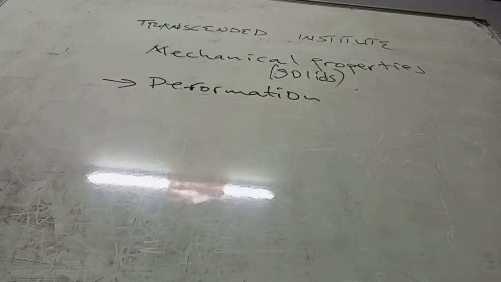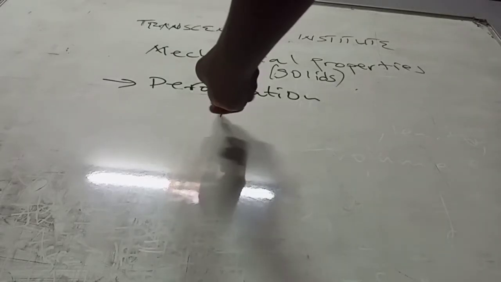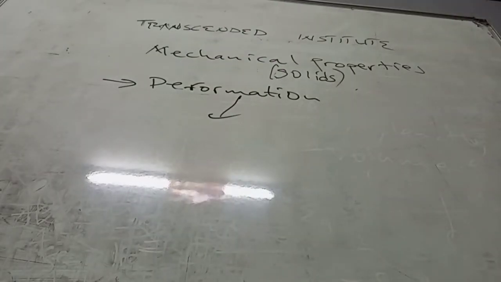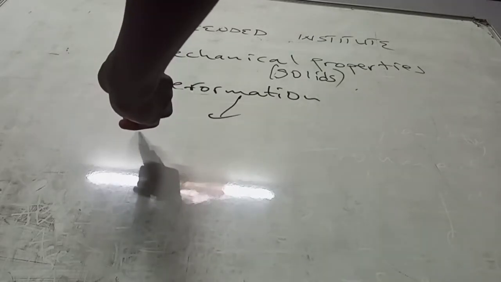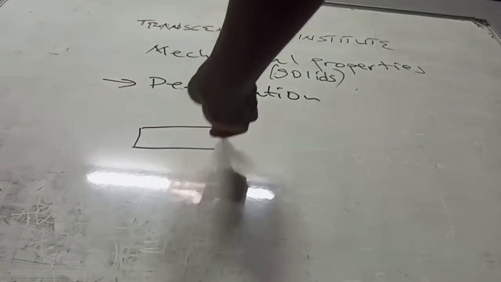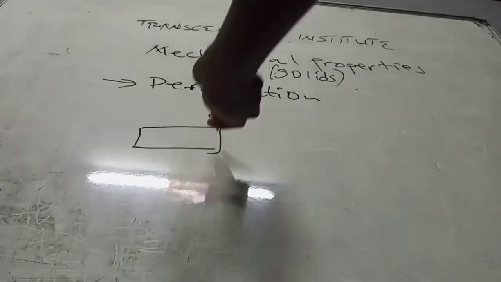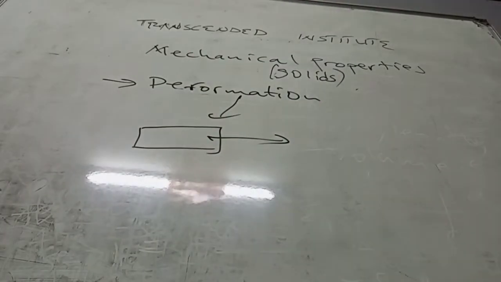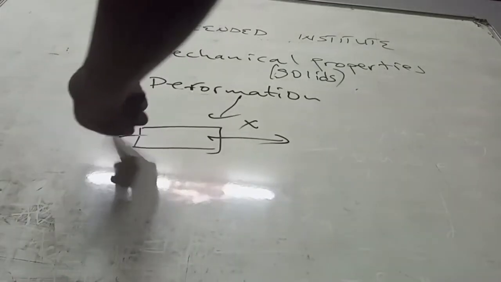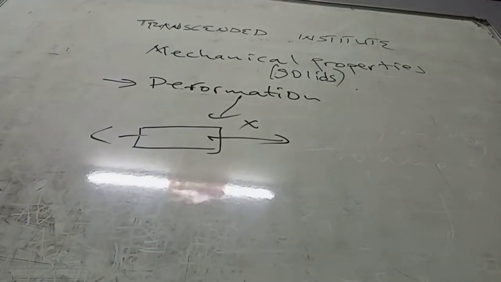So we've got two types of deformation that we're going to talk about. The first one is where you have an object that is elastic. You pull it this side, you extend it by a certain distance, let's say x. After you let go, it gets back to its original position.